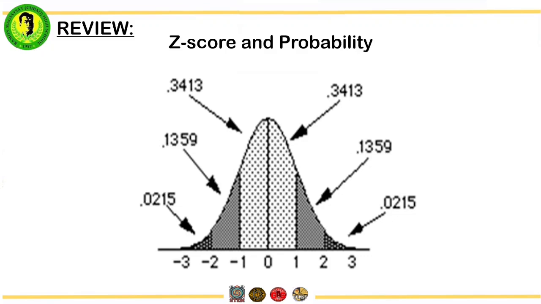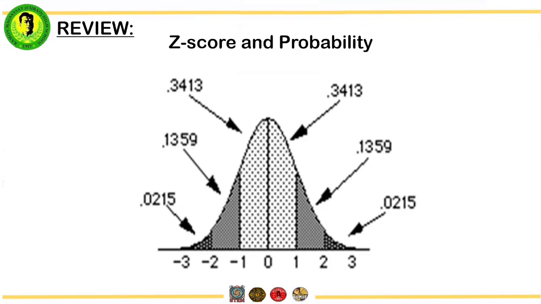What is the relation of z-score and probability? The relationship between the z-score and probability is that z-scores are used to calculate probabilities for normal distribution. A z-score represents the number of standard deviations a particular value is from the mean of the distribution.